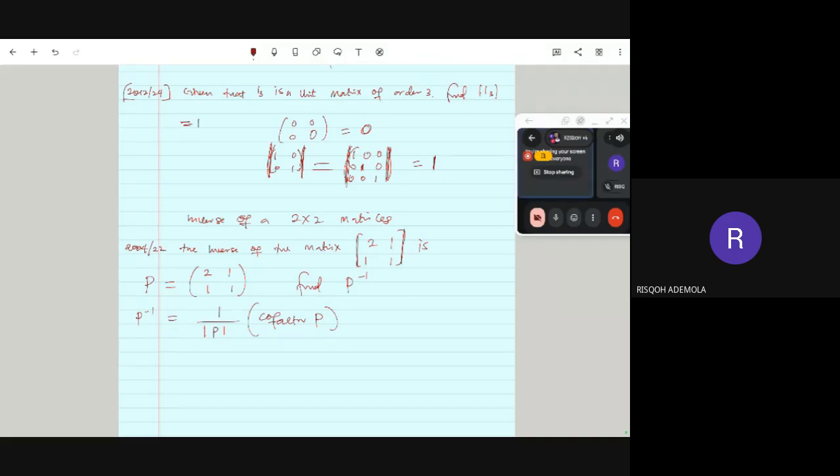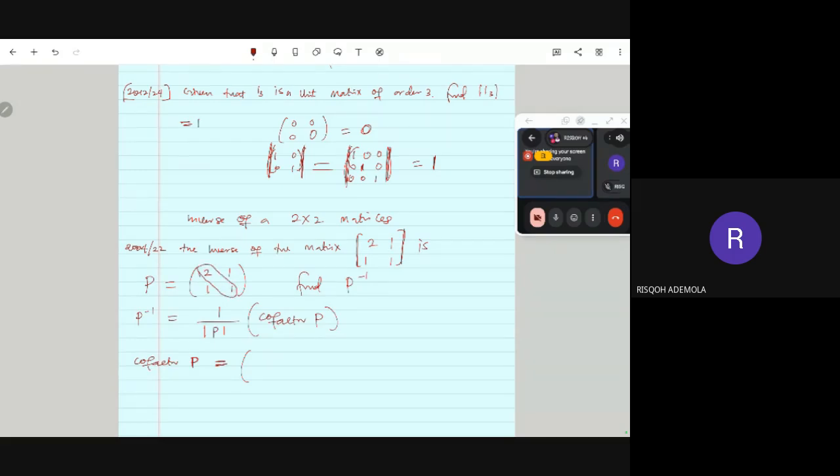So how do we get the cofactor of P? That's the first thing. Like I said, I'll just give you the simplest method. For a 2 by 2 matrix, the cofactor of P is basically this principal diagonal, this 2 and 1.